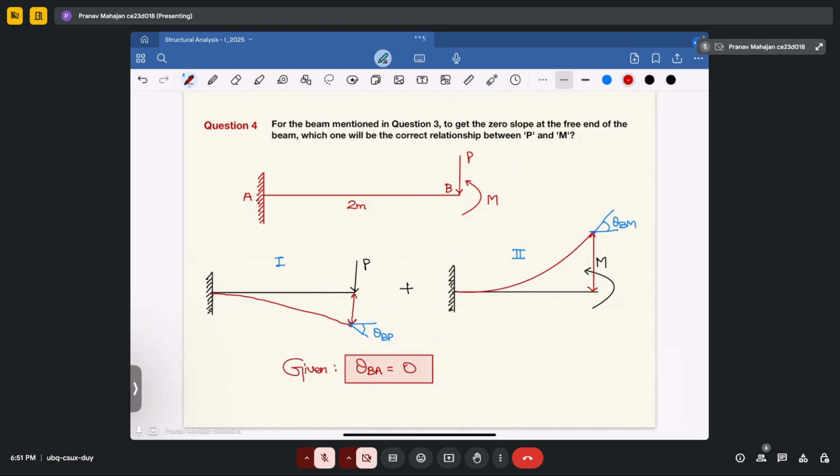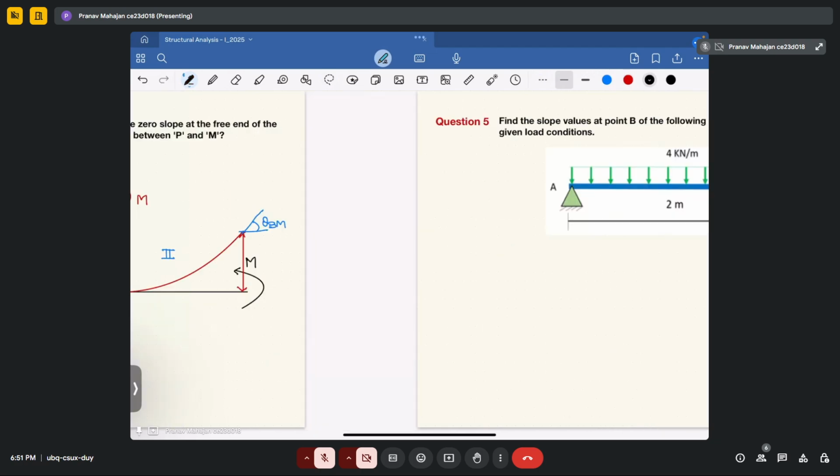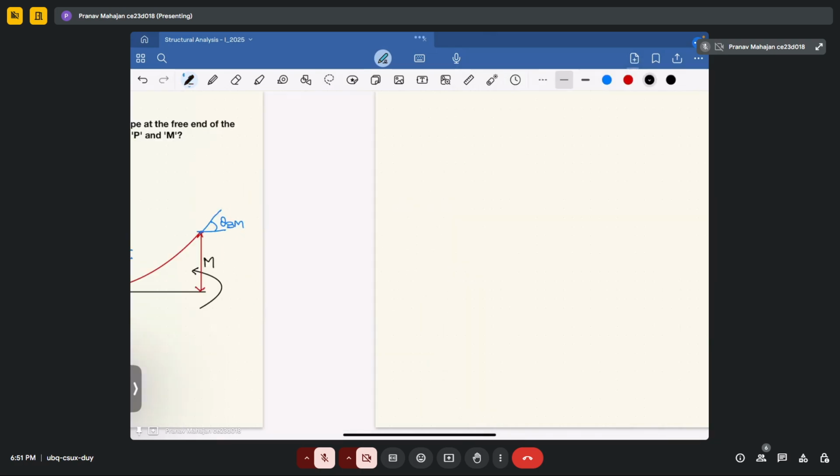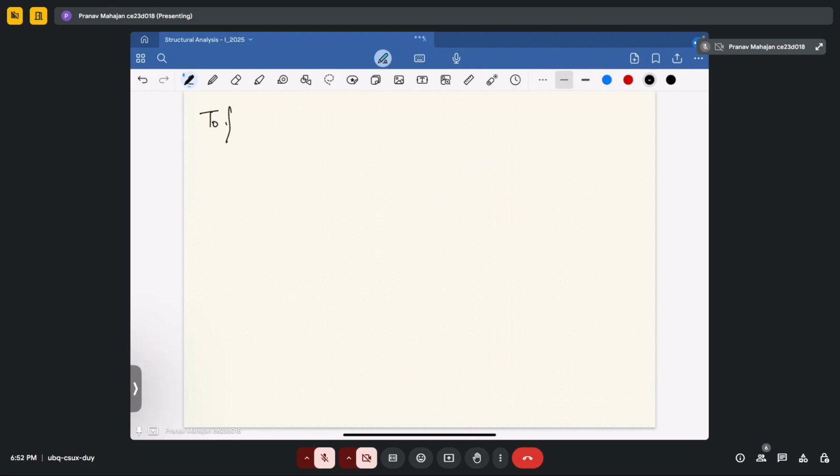Now what you have to find is the relationship between P and M when the slope at the free end is 0.